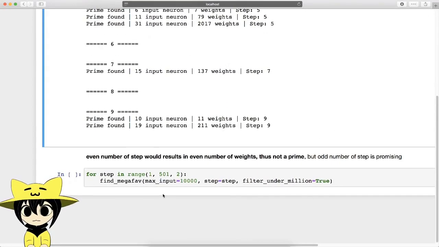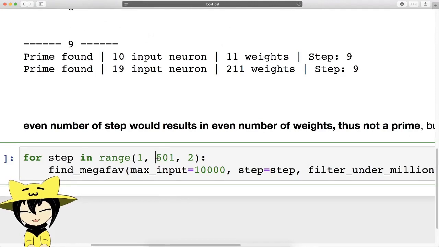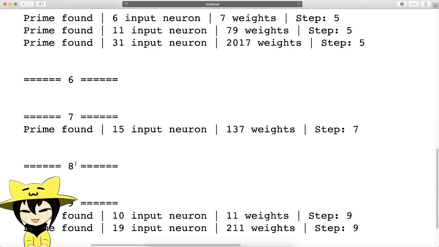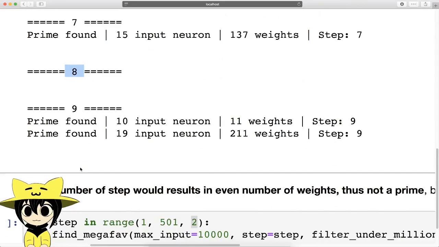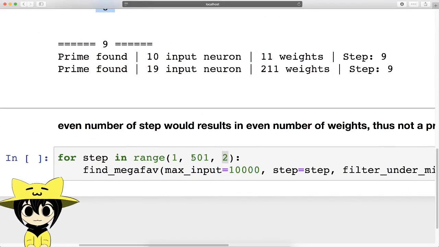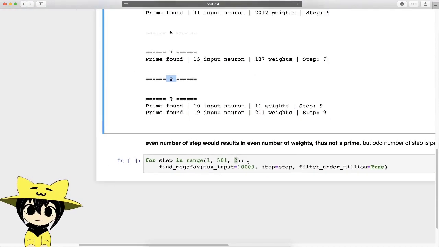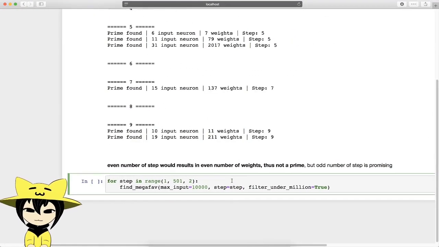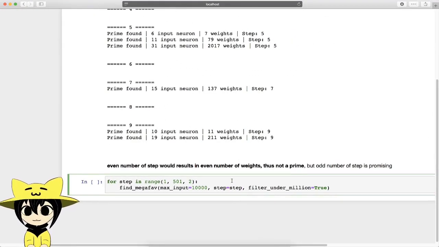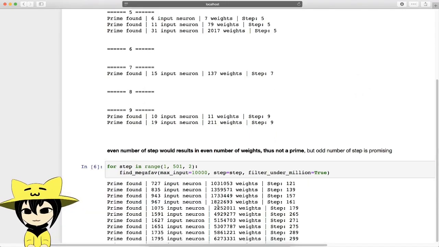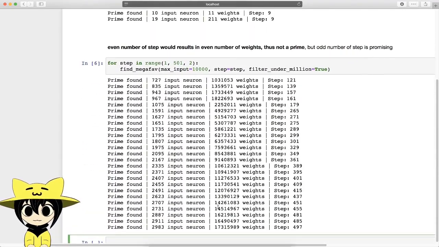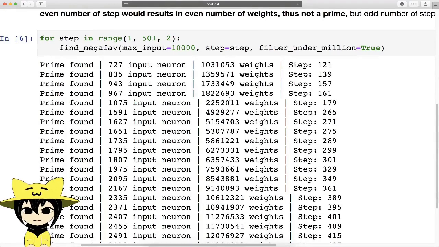So what we can try is make the step larger, I don't know, 500 steps maybe. And I use a step of 2 here to skip the even steps. Alright, so 1, 3, 5, 7, and so on. Hopefully we can find a prime number that is larger than 1 million. So let's see. And turns out, yes, finally we find one. So this should be a prime number.